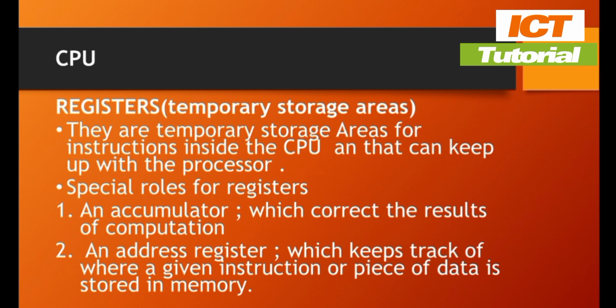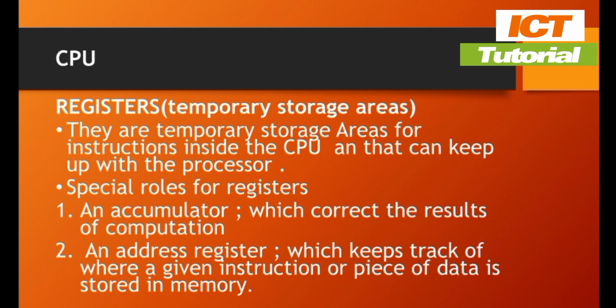We have an accumulator which collects the results of computation. So when you do the computing, it collects the results. An address register which keeps track of where a given instruction or piece of data is stored in memory. So it keeps track of the memory.